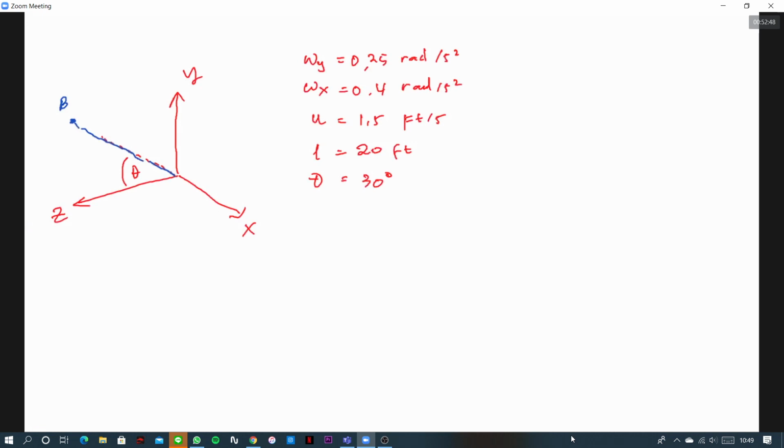In three-dimensional space like this, the only thing we can do is use the vector product.